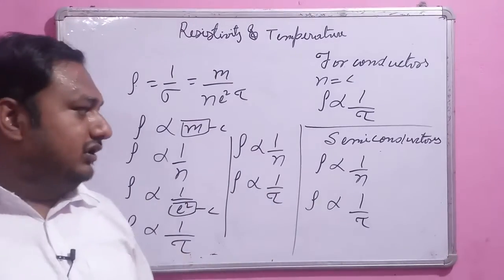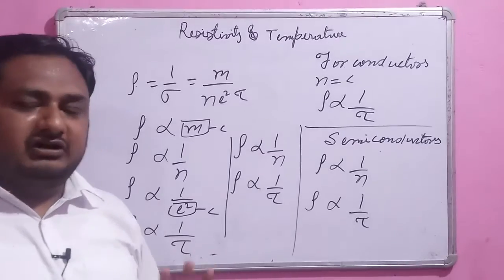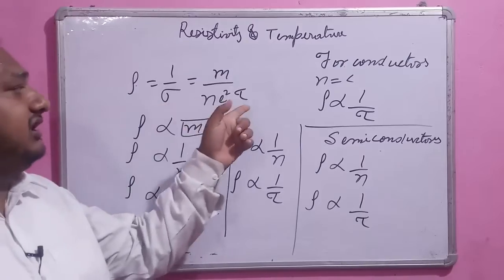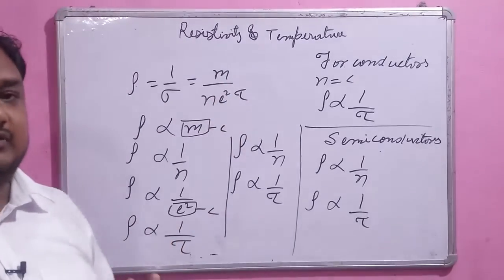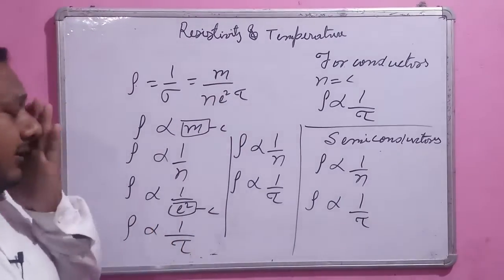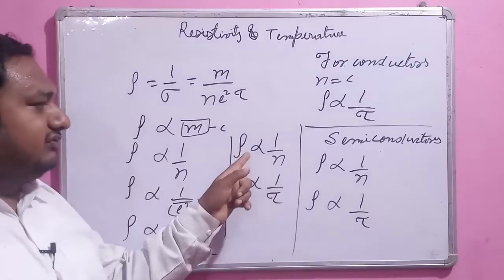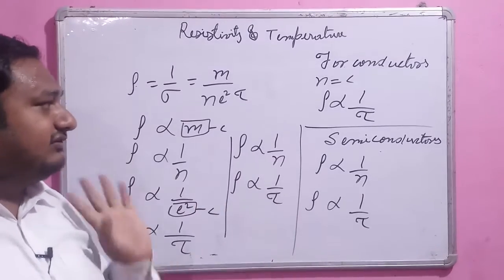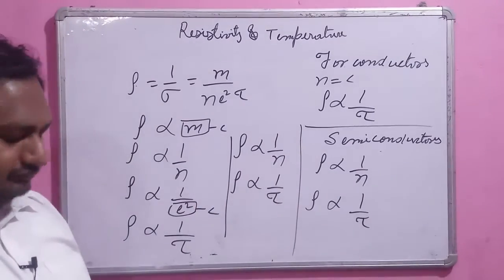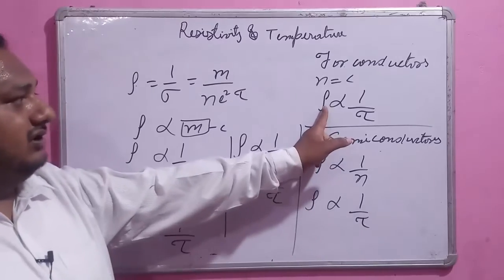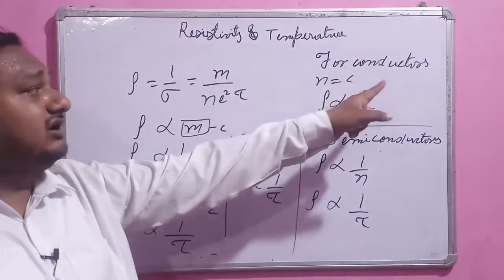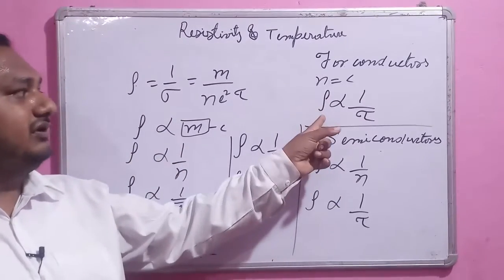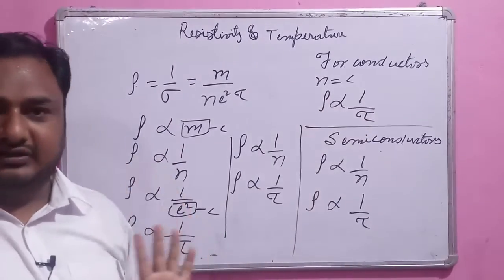Now we need to understand the dependence of resistivity on temperature. In this formula there is no term of temperature, but I am explaining. As you can see, the resistivity depends on two factors: the number density, the number of electrons per unit volume, and the average relaxation time. For conductors, the number density remains constant. So the resistivity of a conductor is a function of average relaxation time.